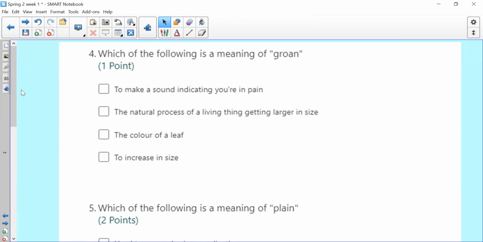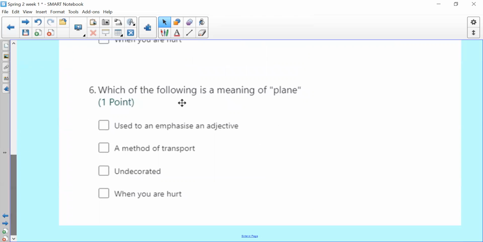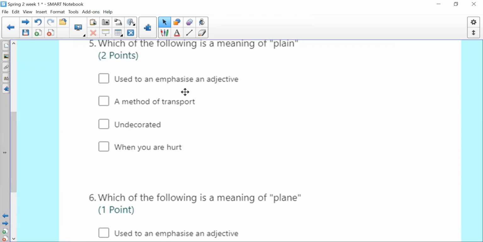Only one answer for that one. Ooh, it's plain spelt like this and 2 points up for grabs. Plain spelt like this. And remember, emphasize is here as well. Means to really stress the meaning, to make the meaning clearer.